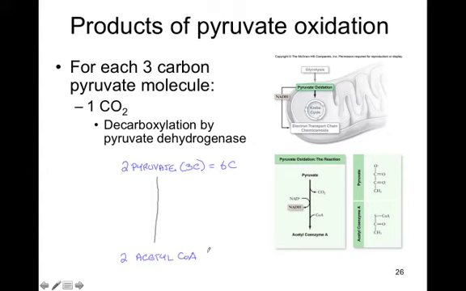Each of those have 2 carbons, and so I have a total of 4 carbons left. Where did the other carbons go? Well, you'll remember that we had some decarboxylation occur. So decarboxylation means that we lost carbon dioxide, but we had 2 pyruvates that went in and 2 acetyl-CoA coming out, so we lost 2 carbon dioxides. Now I've taken care of all the carbons.